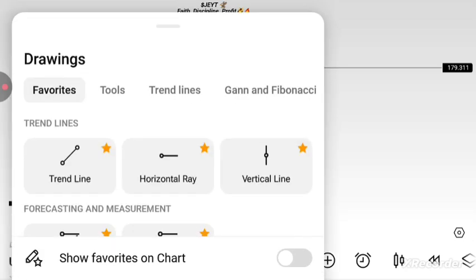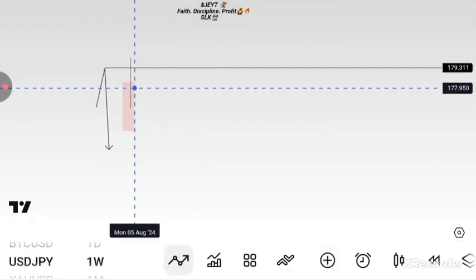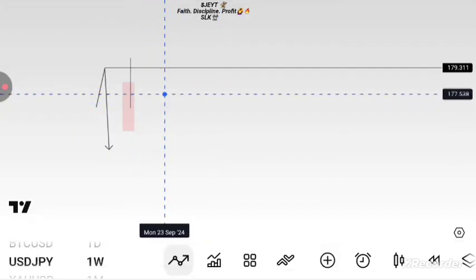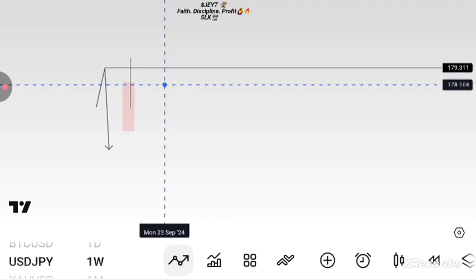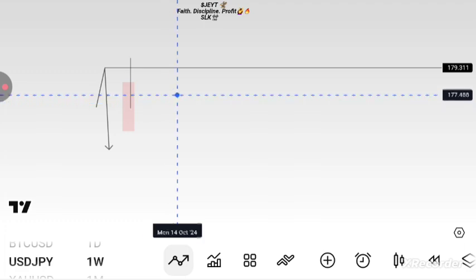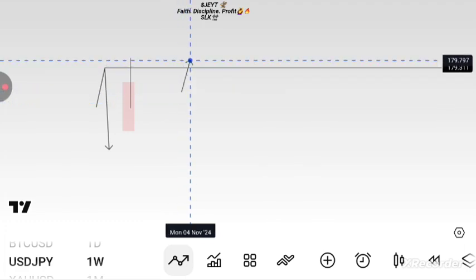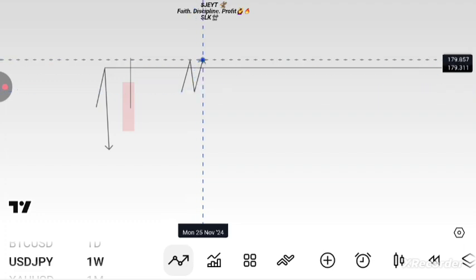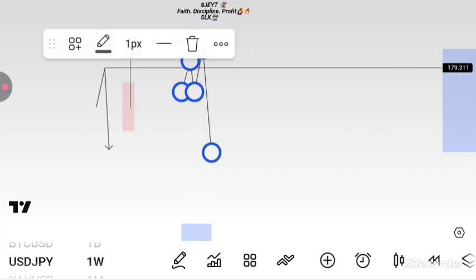Number one is a sweep of liquidity. After you've seen this on the weekly time frame, you drop one time frame lower to the daily. It's either you see a sweep of liquidity and a break of structure, or a breakout. You are going to see something like this: price sweeps this liquidity, then breaks structure, right?